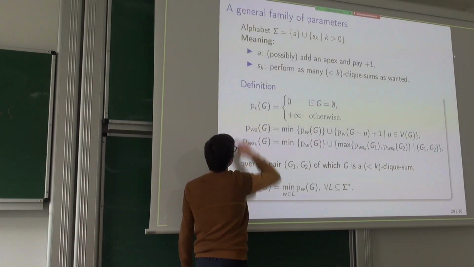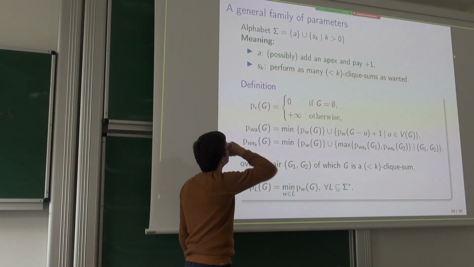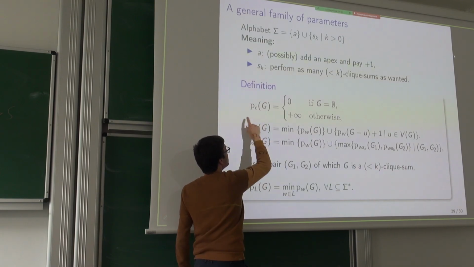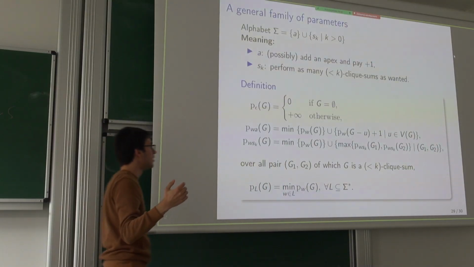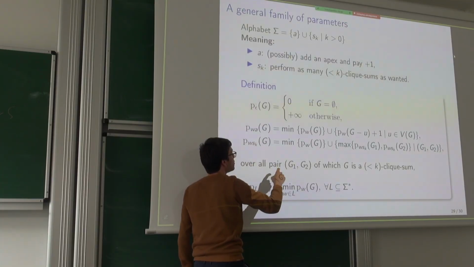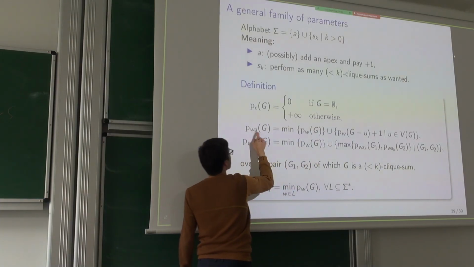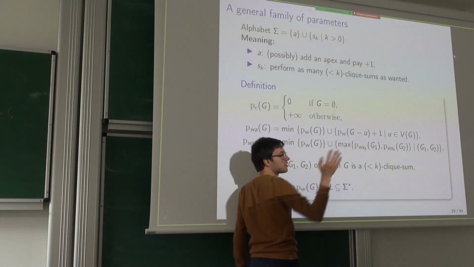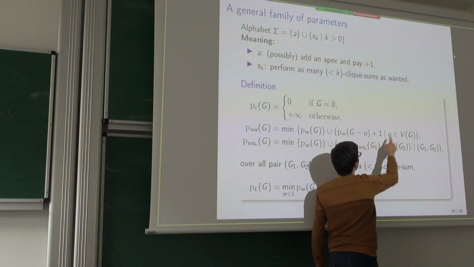For the empty word epsilon, you obtain a parameter. Sorry, so now for every word w on this alphabet, I will define a parameter pw. For the empty word, it's 0 on the null graph and plus infinity otherwise. So that's my base case. Now, if the last letter of my word is a, I take the minimum between pw of g, so I just skip this letter, and pw of g minus u plus 1 for every vertex u.